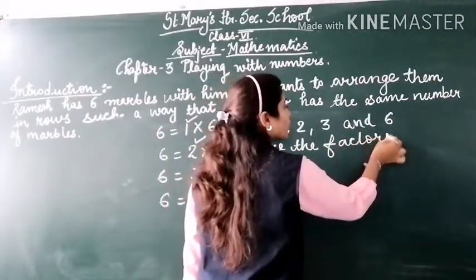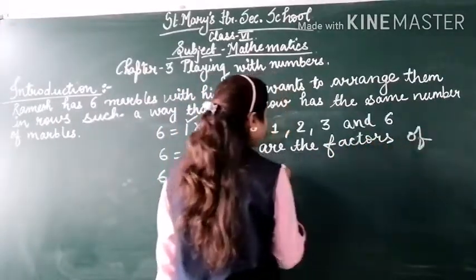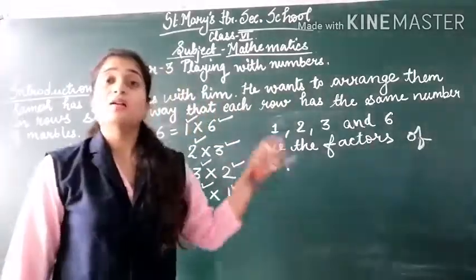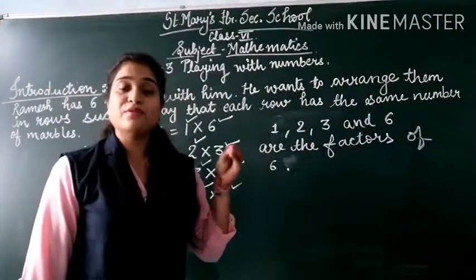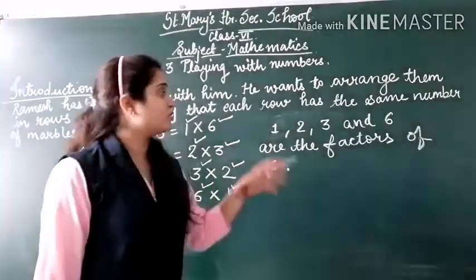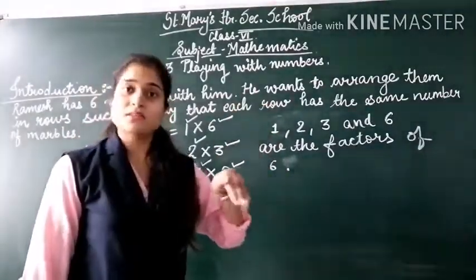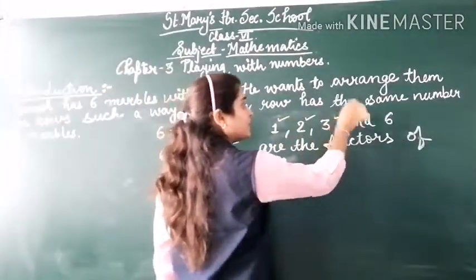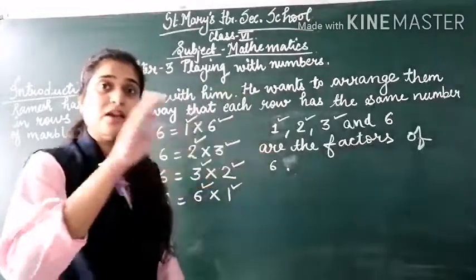Factors of 6 means what? Factors of 6 means the numbers which are the divisors for 6. Means the numbers which divide 6. Here 1 divides 6, here 2 divides 6, here 3 divides 6 and here 6 divides 6.